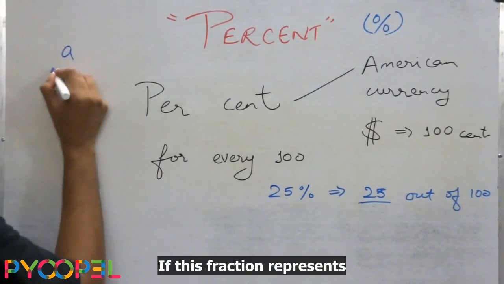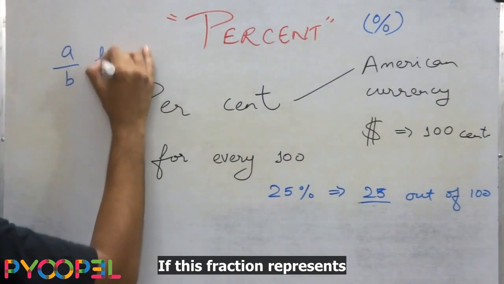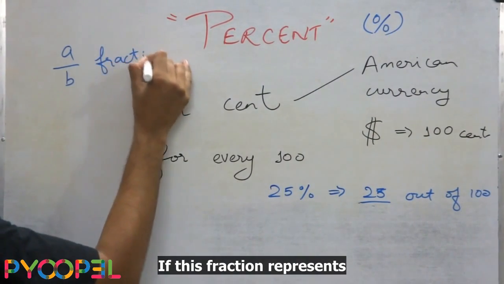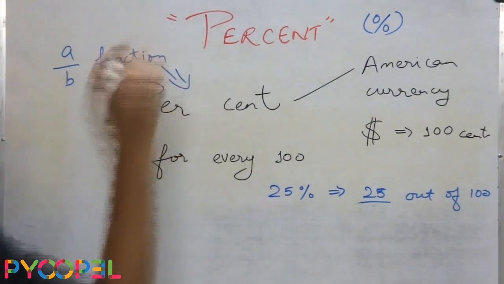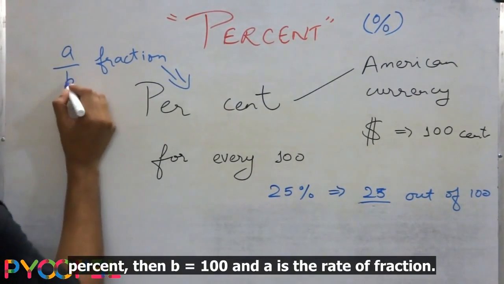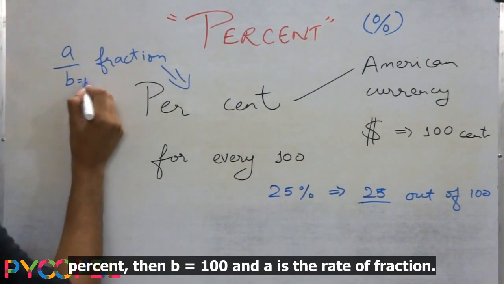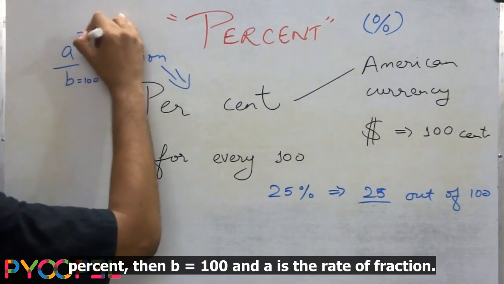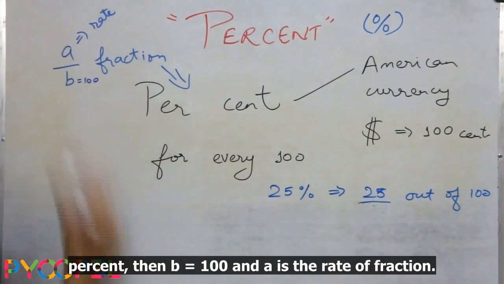Now, if this fraction represents percent, then B is equal to 100 and A is the rate of fraction.